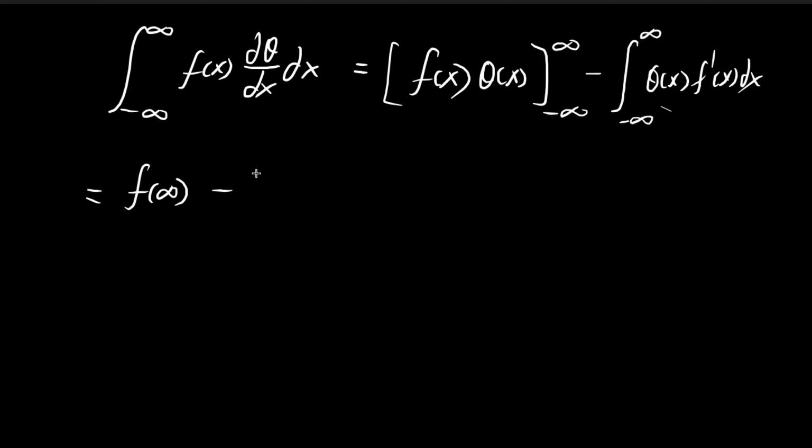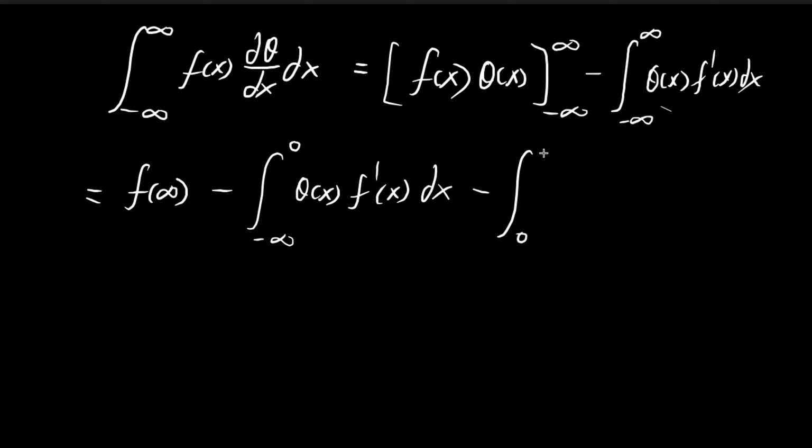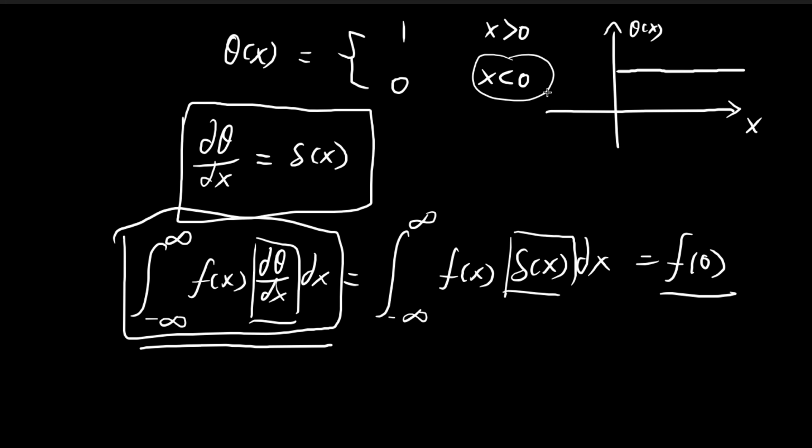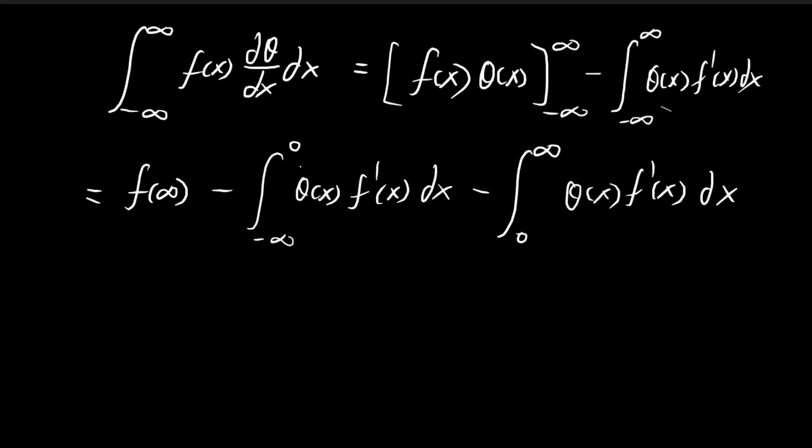And then here I'm going to break this integral up into two parts. We're going to go from negative infinity to 0, f prime of x dx, and then we're going to go from 0 to infinity. All I'm doing is breaking up the integral into two parts. From negative infinity to 0, this is within the region x is smaller than 0, and within this region, theta of x is just equal to 0.